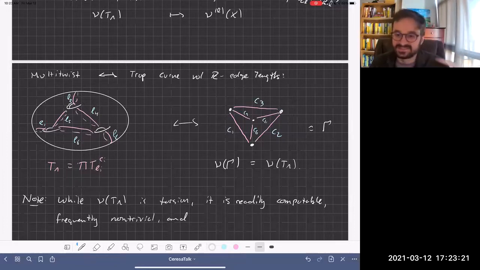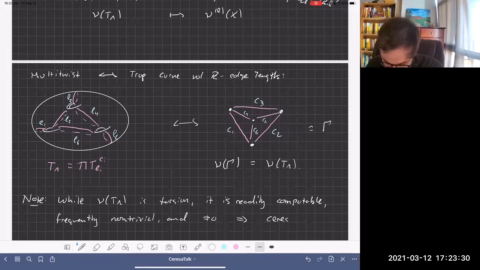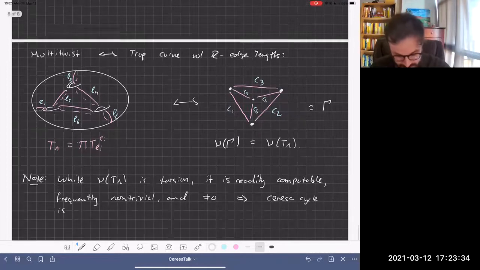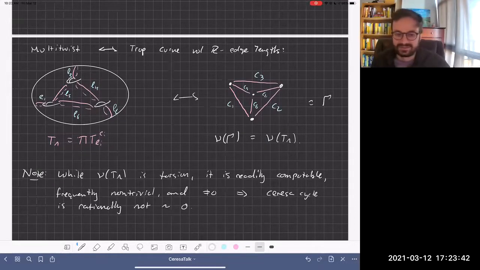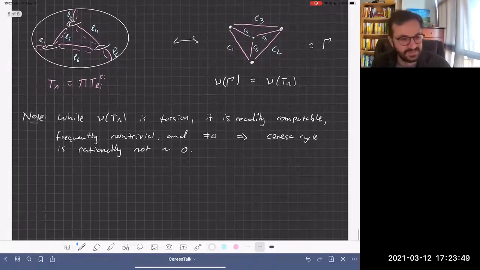Right, and its non-triviality will imply non-triviality of the Ceresa cycle. So perhaps I'll end this talk with an example that we did.